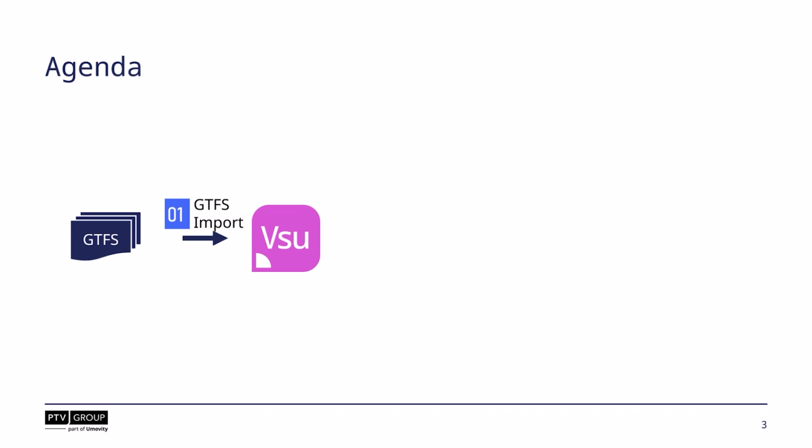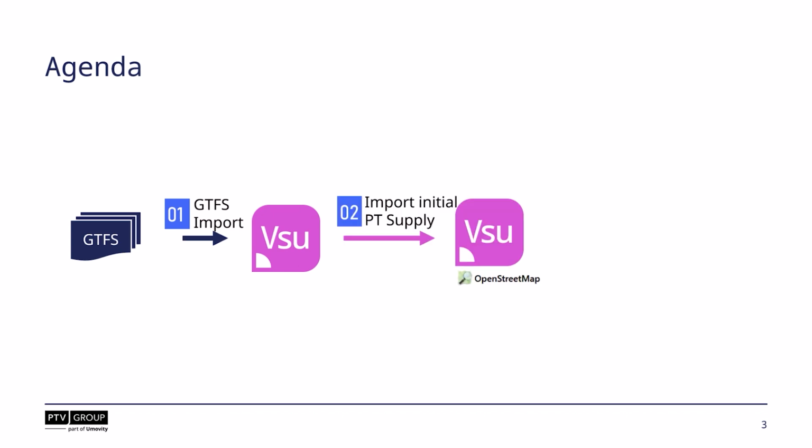I downloaded the file from the internet, but it also might come from your internal operational systems or from your colleagues of a neighboring department. The resulting Visum file will then be integrated into a Visum file representing a multimodal transport model. As a base, I'm using here an OSM network containing the real street network, without all public transport and stops.